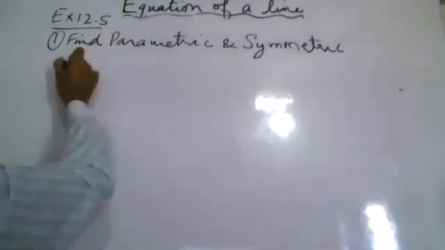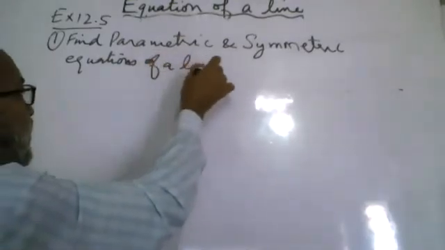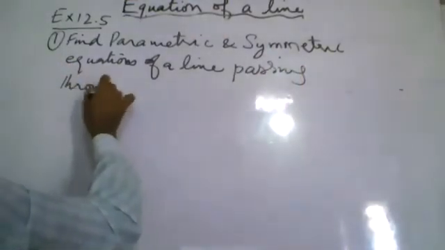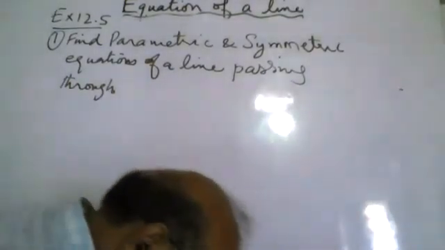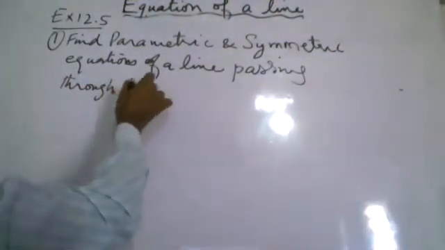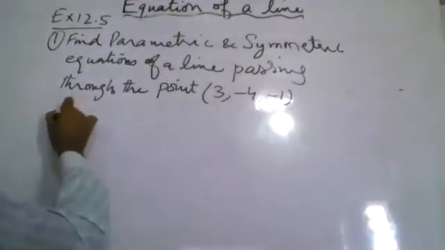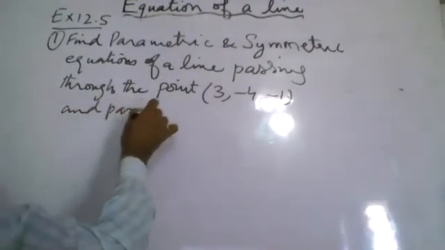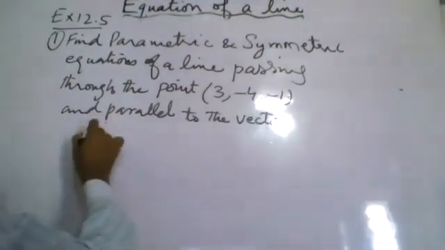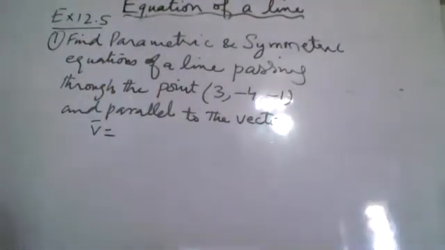Find parametric and symmetric equations of a line passing through the point (3, -4, -1) and parallel to the vector v equal to i plus j plus k.